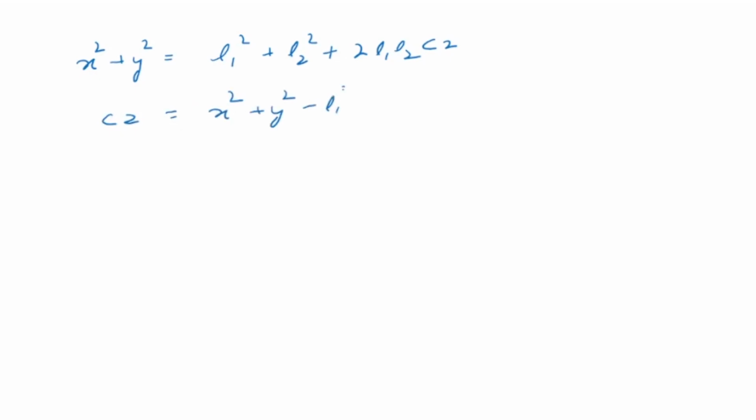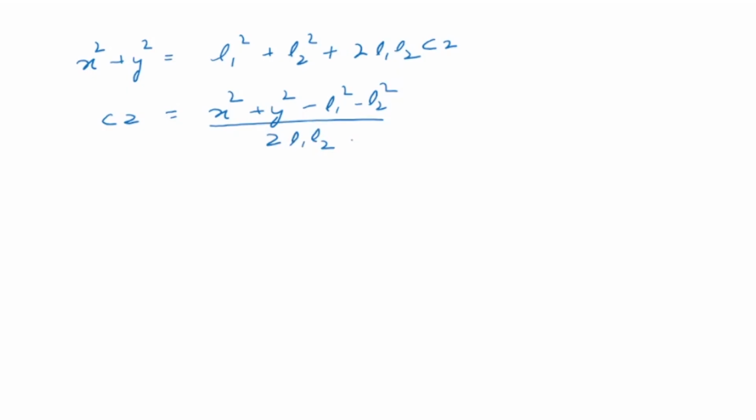The expression that we get is x squared plus y squared is equal to L1 squared plus L2 squared plus twice L1 L2 cos theta 2. Cos theta 1 is gone. So cos theta 2 is equal to x squared plus y squared minus L1 squared minus L2 squared, divided by twice L1 L2.